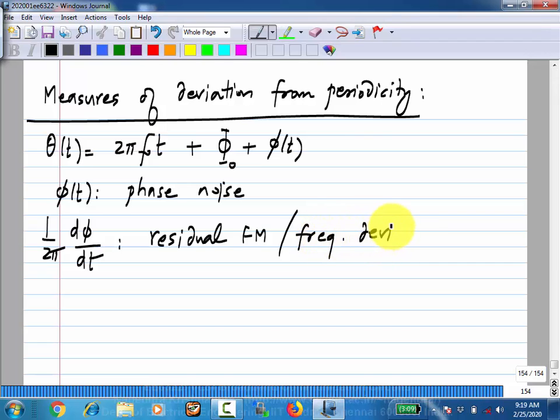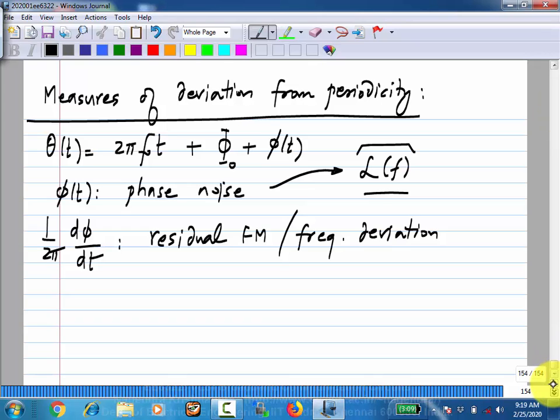This phase noise, you show its spectrum with this phase noise spectral density L of f. So this is a frequency domain description. The phase noise, the way we do it, we specify spectral density, so it's a frequency domain description. Now you also know about jitter, which is a time domain description.